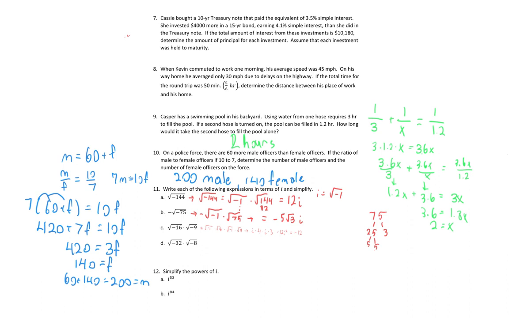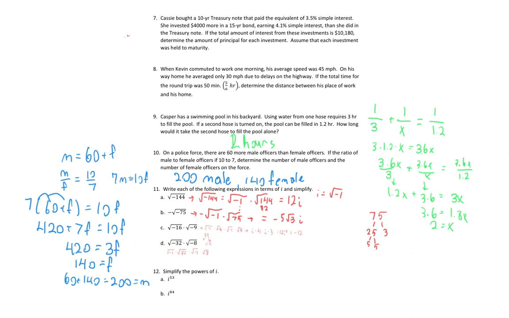Okay, looking at this next one, again, this is going to be square root of negative 1 times square root of 32 times square root of negative 1 times square root of 8. So on 32, that can be broken up into 2 times 16. 16 is a perfect square, because it's 4 and 4.